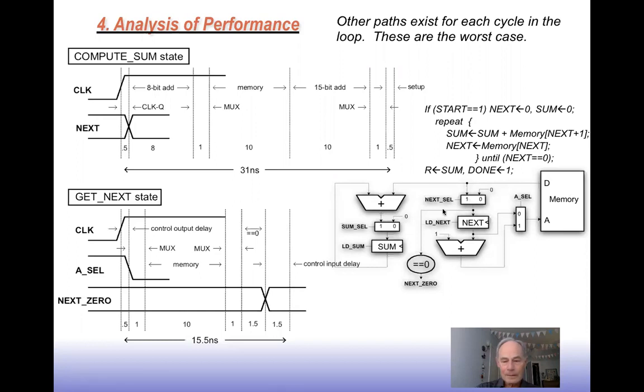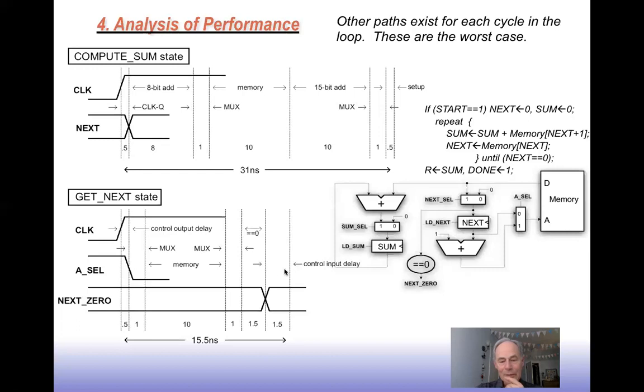And then at the same time, it's going to go through the next 0 comparator here. And this was the one that's on the critical path here. That takes 1.5 nanoseconds. And you can see the next 0 signal changing here. And then there's a 1.5 nanosecond input delay into the controller, right? Because then it has to make a decision on which state to go to next.